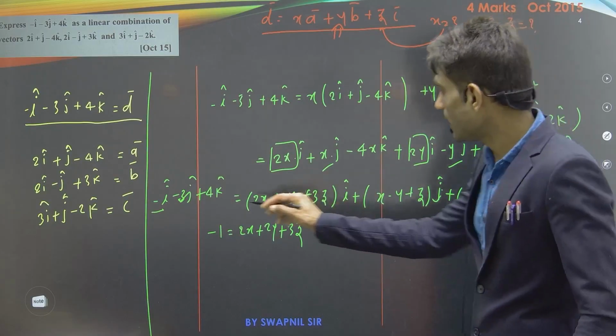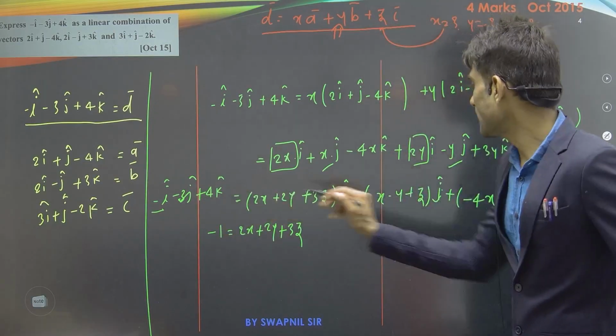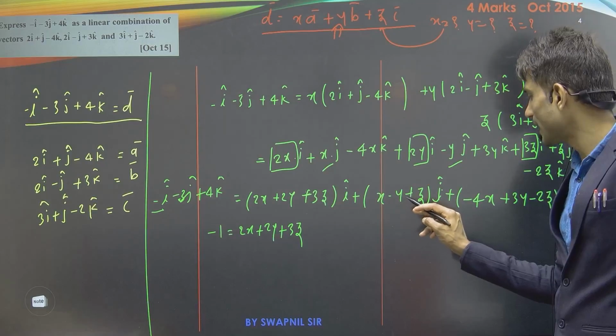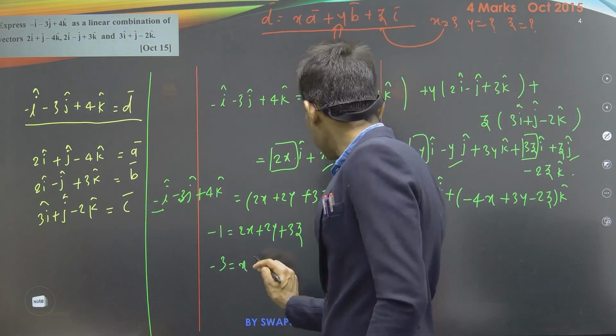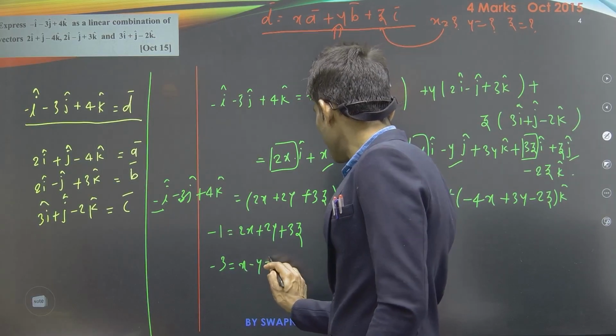Now let's go for the minus 3j cap. So minus 3 equals x minus y plus z. Minus 3 equals x minus y plus z.